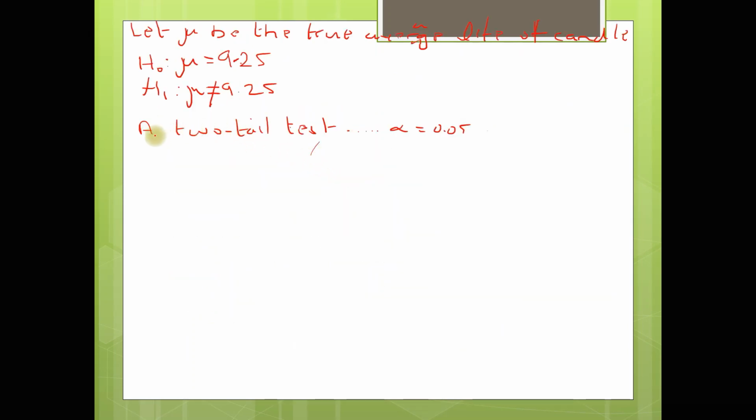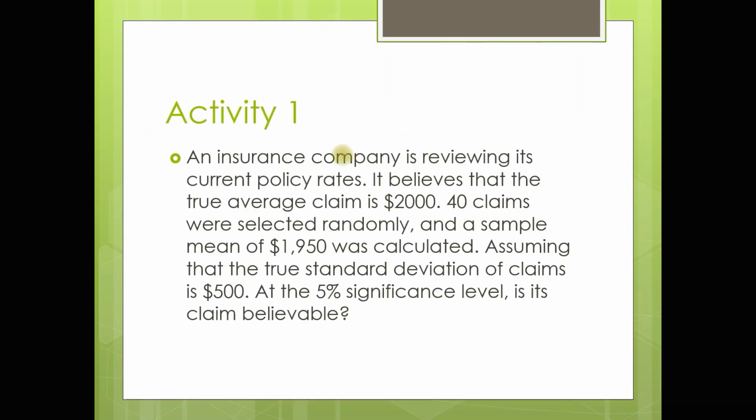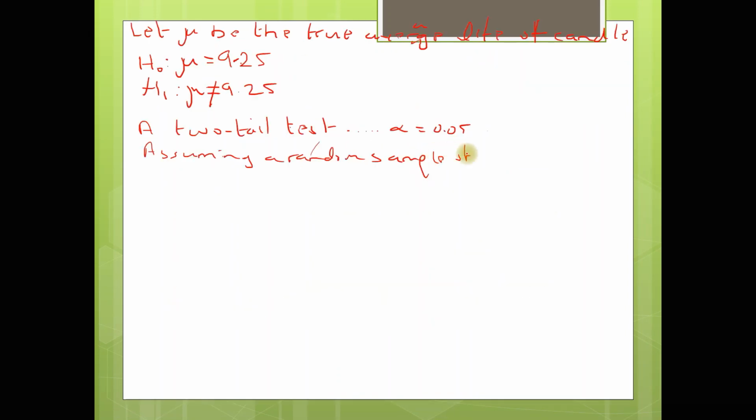You could here say: assuming a random sample of candles has been selected under H naught. Assuming a random sample of candles has been selected under H naught.